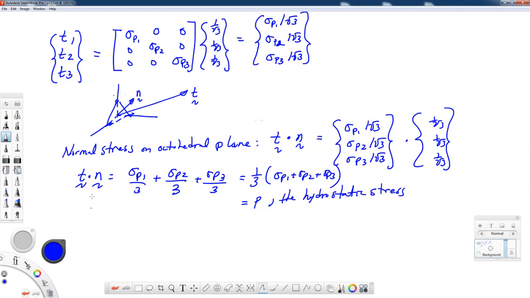Let me project T into the direction of N. Let me use a different color. So maybe out in space, this is the projection in the direction. If I take T dot N and multiply it by the unit normal N, it forms a vector in space that goes out in this direction.